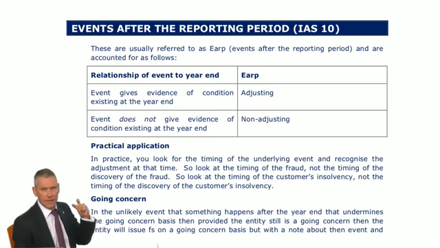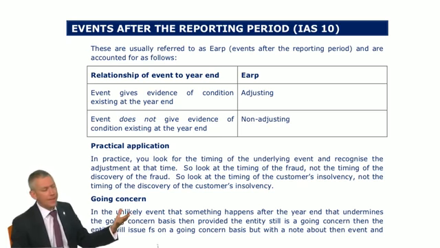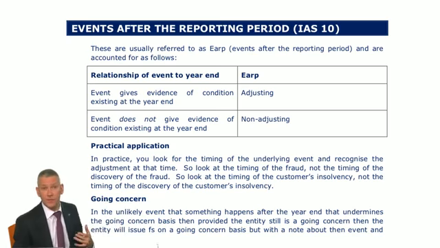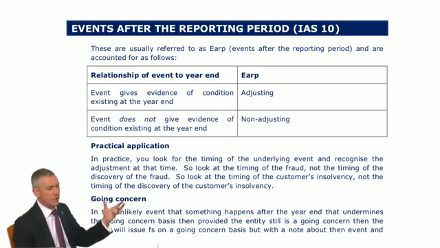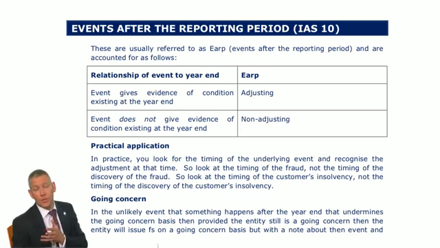Events after the year end are discoveries generally. But what's important is not the discovery of the problem, but the original problem itself. For example, if you discover a flood, it's not the timing of the discovery of the flood, it's the timing of the flood itself. If you discover that one of your customers is insolvent, it's not the timing of you discovering that your customer is in trouble, it's the timing of when they got in trouble that matters. And if the trouble was before the year end, then you'd write off the debt as bad in the current FS.